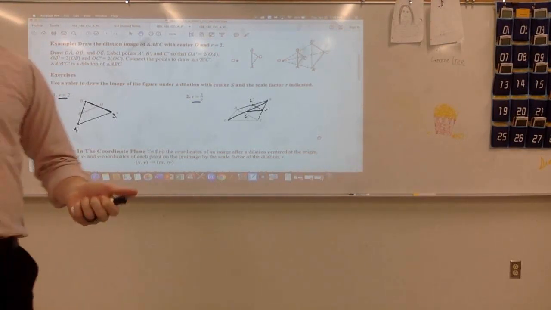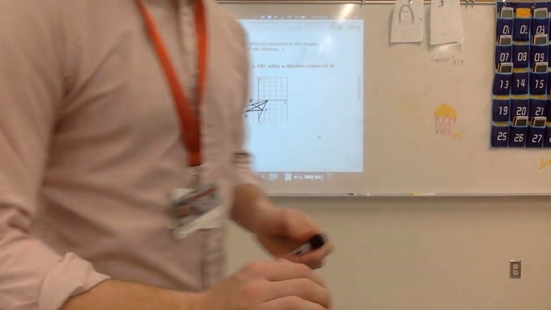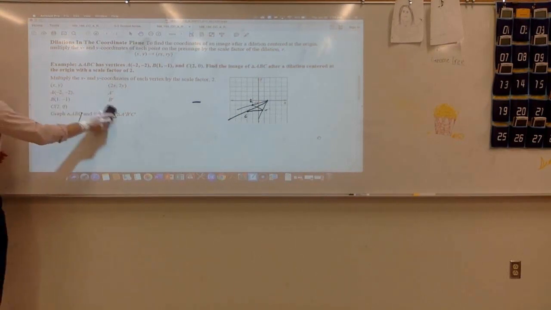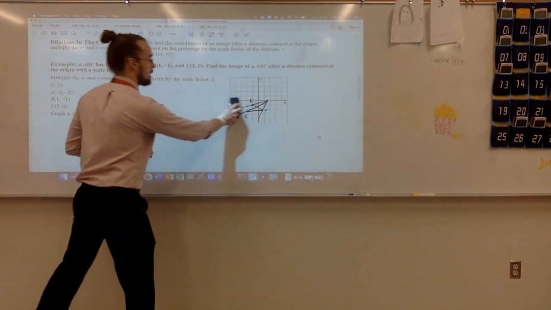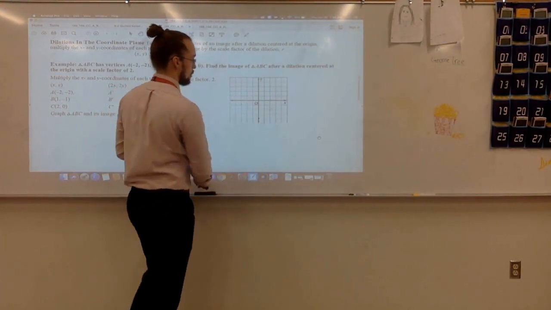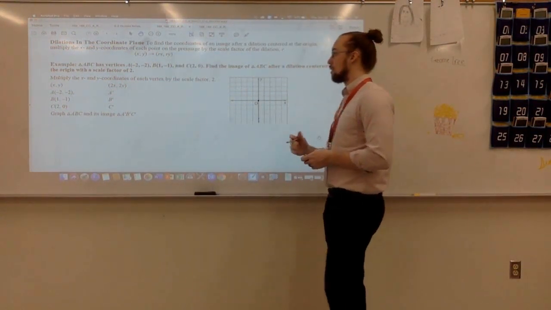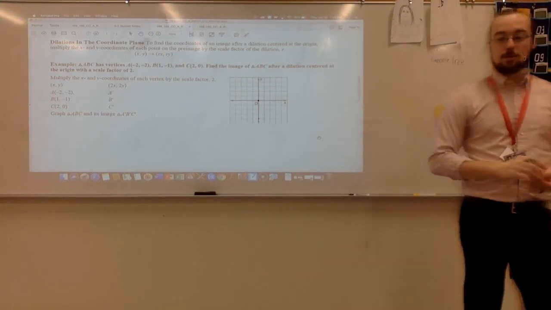All right, so let's take this and put it on the coordinate plane then. So, if we are looking at dilating about the origin, we're going to assume that our center of dilation is at the point 0, 0. Okay.